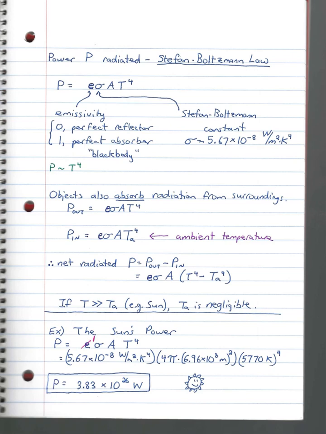I'm using that temperature because I'm looking at example 16.5 in the book, and it's doing it backwards. Example 16.5 has you solving for the temperature, and that's what we get, 5770 Kelvin. So let's just use that number, and we get the power of 3.83 times 10 to the 26 watts.